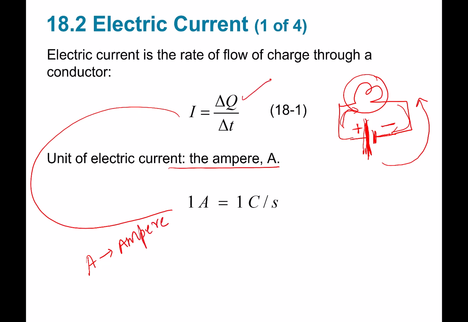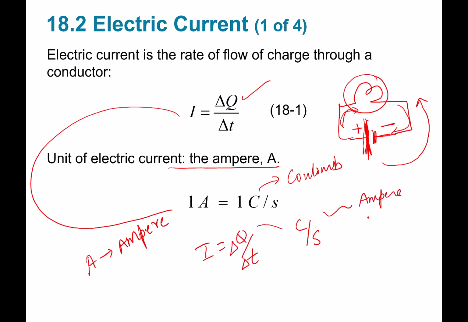And we already know that Q, the charge, has the unit named after the scientist Coulomb. So if current I is the rate of flow of charge per unit time, the units will be coulomb per second, which in short is named ampere. Hence, you will see we write the symbol A with the current. So 2A means 2 ampere current, 3A means 3 ampere current, and so on.